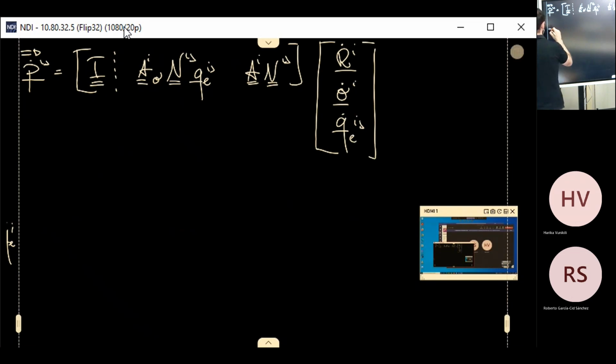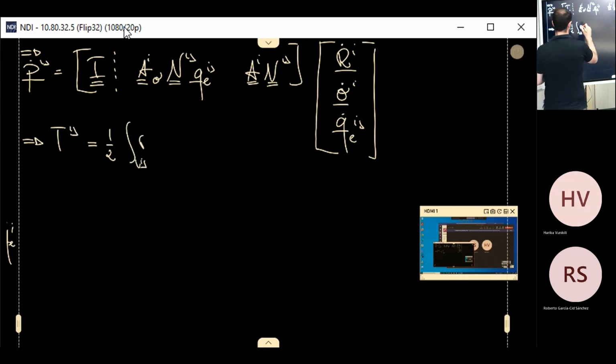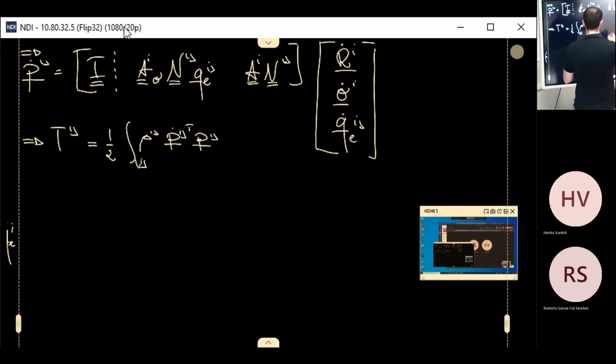And again, this is something that we have already learned to do so many times. The kinetic energy is rho ij, p ij dot transpose applied over p ij, del dij.